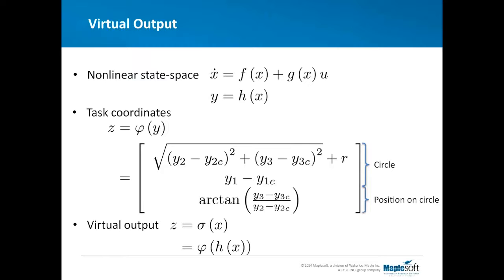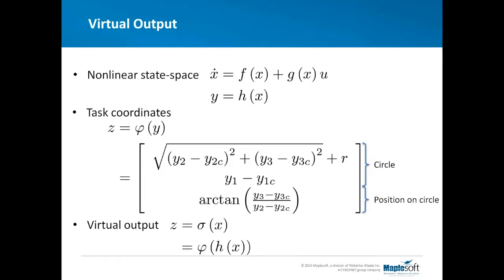And the last one is the arctan, which is an angle that tells you where you are on the circle. We use these task coordinates to form a virtual output, so you can express what your virtual output is with respect to the state vector. And this sigma function becomes really important for the problem.